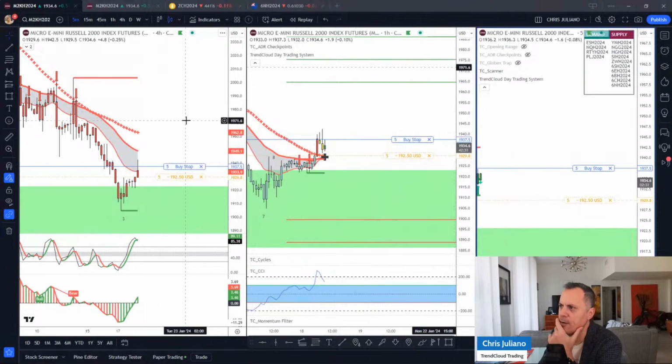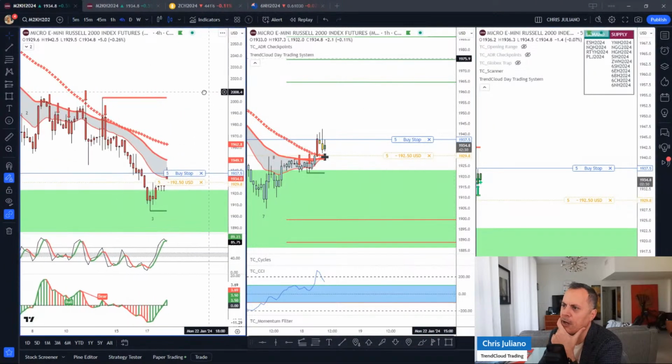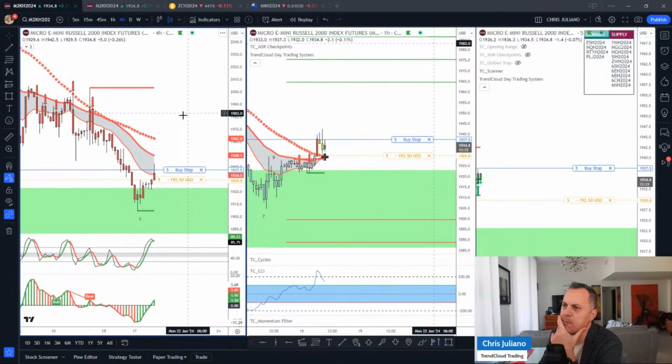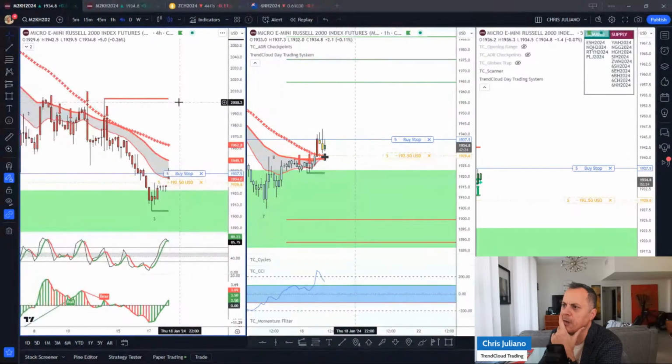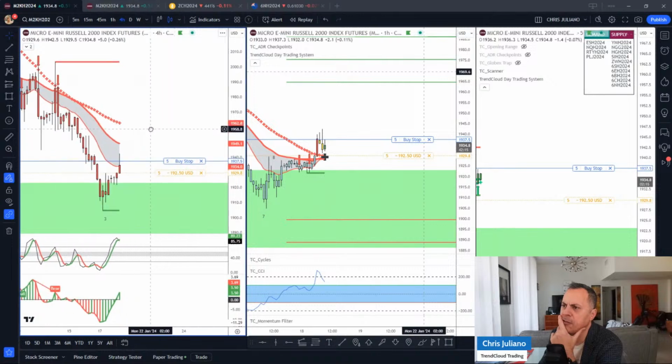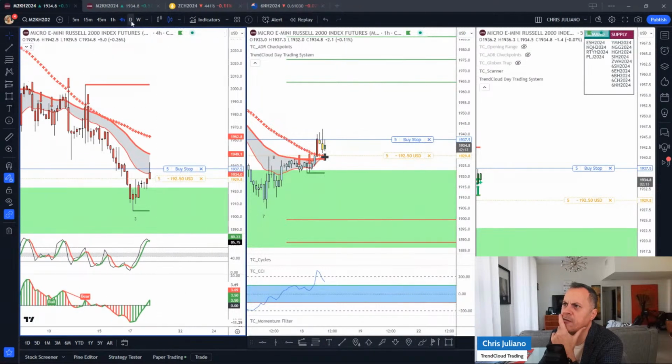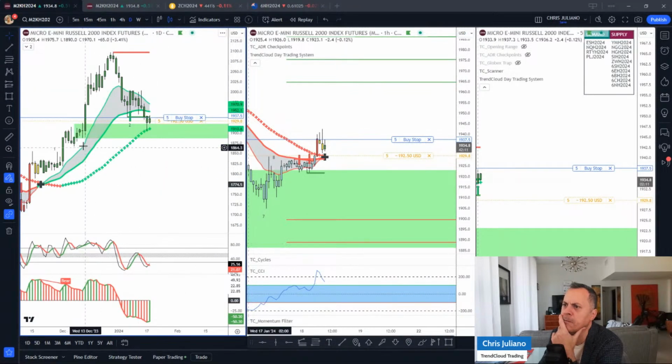Yep. 4-hour trend is not with us. And in the middle of the curve, because this is the daily curve right here. So I'm seeing it as low on the daily curve, right in here. That's what I've got on the curve.